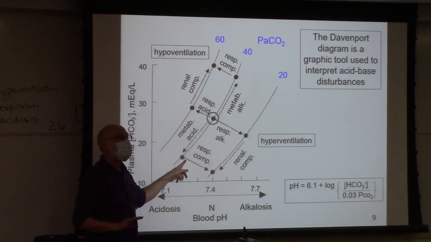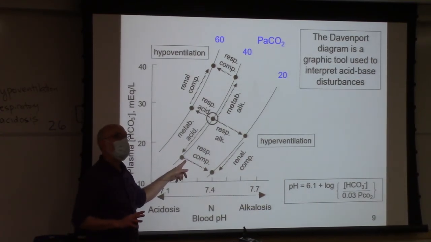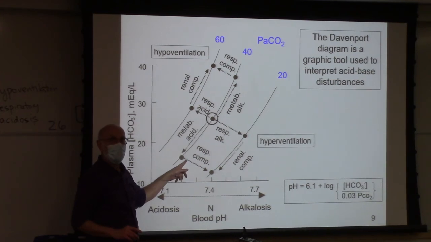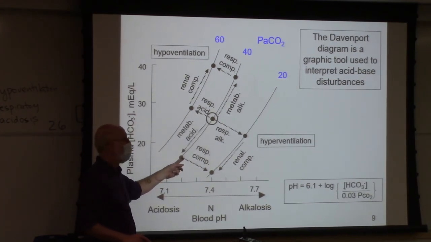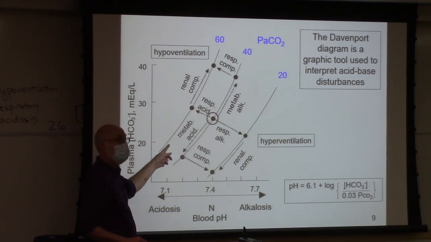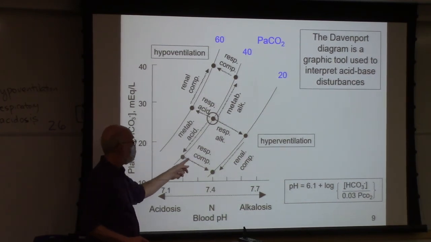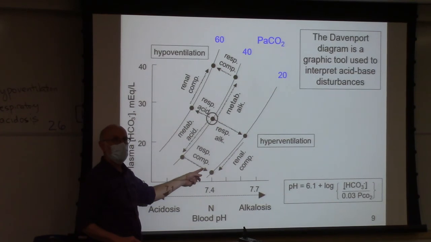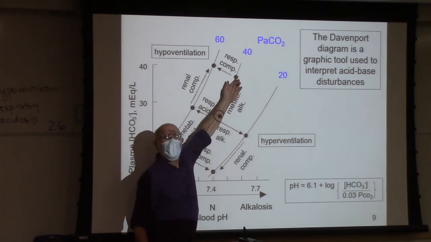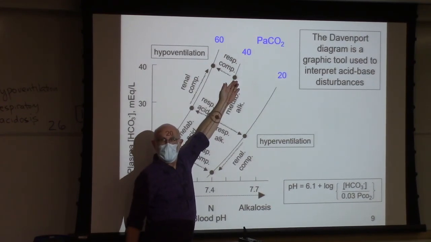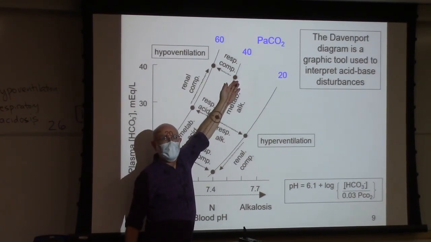So no change in respiration, but renal compensation. Where would I go? What would the arrow be? Would I go this way? No. Would I go this way? No, that's respiratory compensation. We would go this way. If it's not respiratory, we're staying on the same line of PCO2.